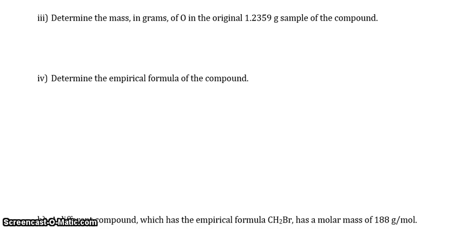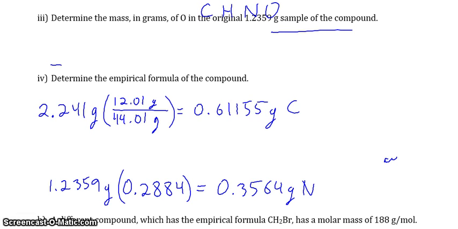We had this much carbon and this much nitrogen. So we have 0.61155 grams of carbon, and we had 0.3564 grams of nitrogen. What we'll have to do essentially is get the rest of them.